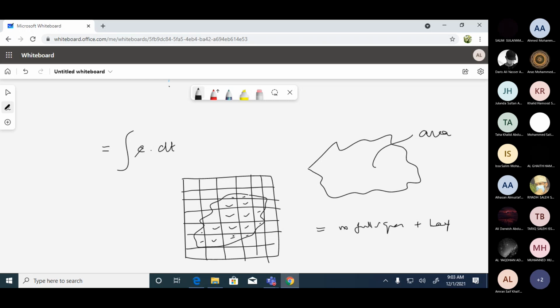Now, why am I explaining this to you? Because this whole process of adding the half squares, adding the full squares, adding the 1/3, 1/10, is summation. You are doing plus, plus, plus, plus, until you don't leave out any part in the calculation of the area.